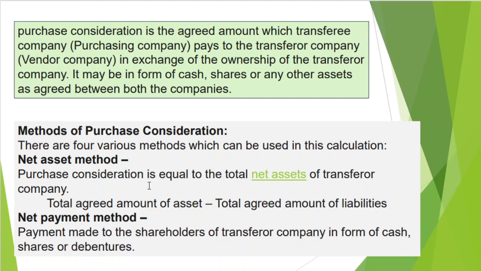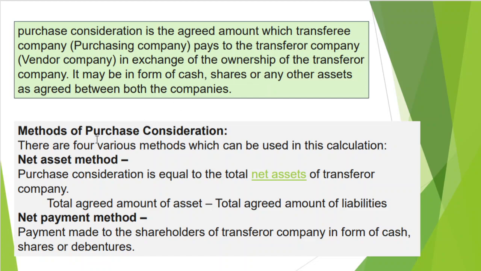And we know that purchase consideration can be given in different forms. That is, it can be in the form of cash, shares, or any other asset as agreed between both the companies. And purchase consideration can be calculated in four different methods.